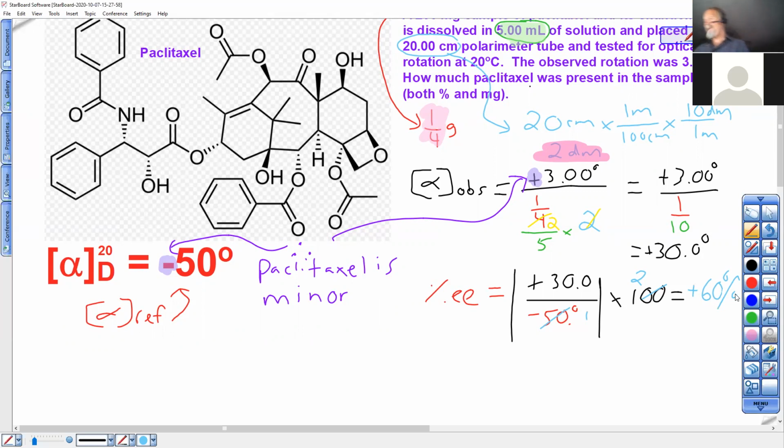Now, if you love math, we now have 2 equations and 2 unknowns. I know a lot of you like doing that. And I have a way that's more directly referencing optical rotation and the actual excess. So I'm going to set up 2 equations, 2 unknowns. I'm not going to solve it that way, but if you like it, you can use it to solve it that way.